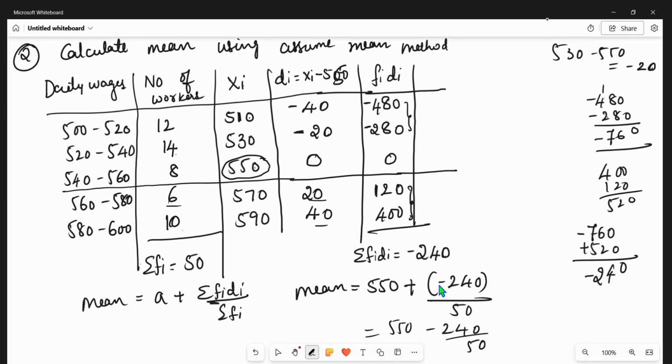So do the division here, and whatever answer you get, 550 minus that will be the answer. So the mean will be equal to 545.2.